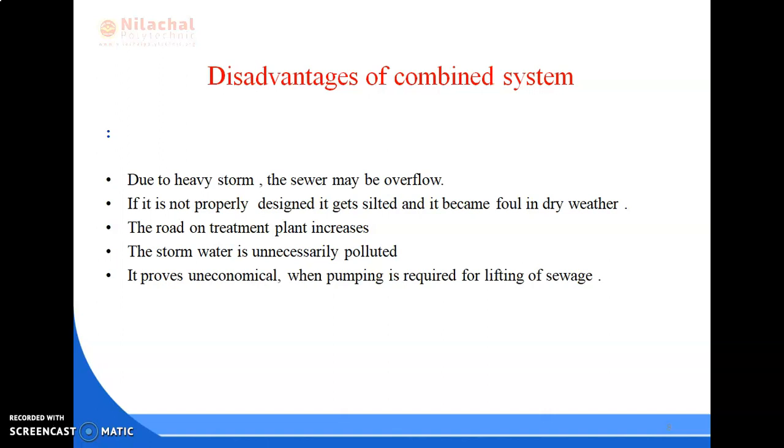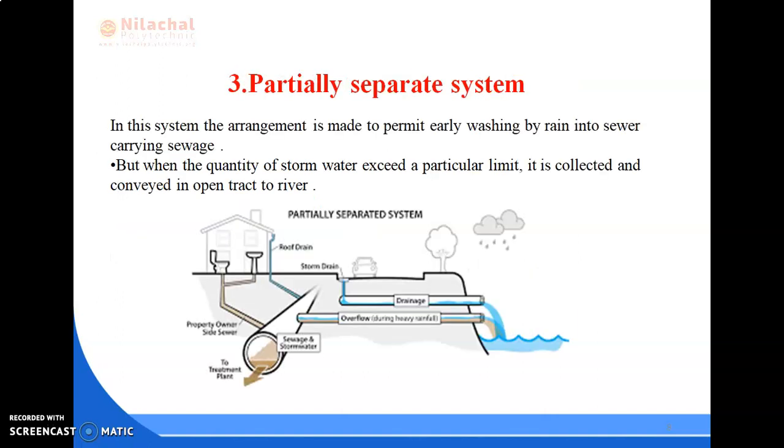The stormwater is unnecessarily polluted, as both stormwater and sewage are collected in a single sewer, so the rainwater is also polluted here. Then it proves uneconomical when pumping is required for lifting of sewage. So these are the main disadvantages of this combined system.